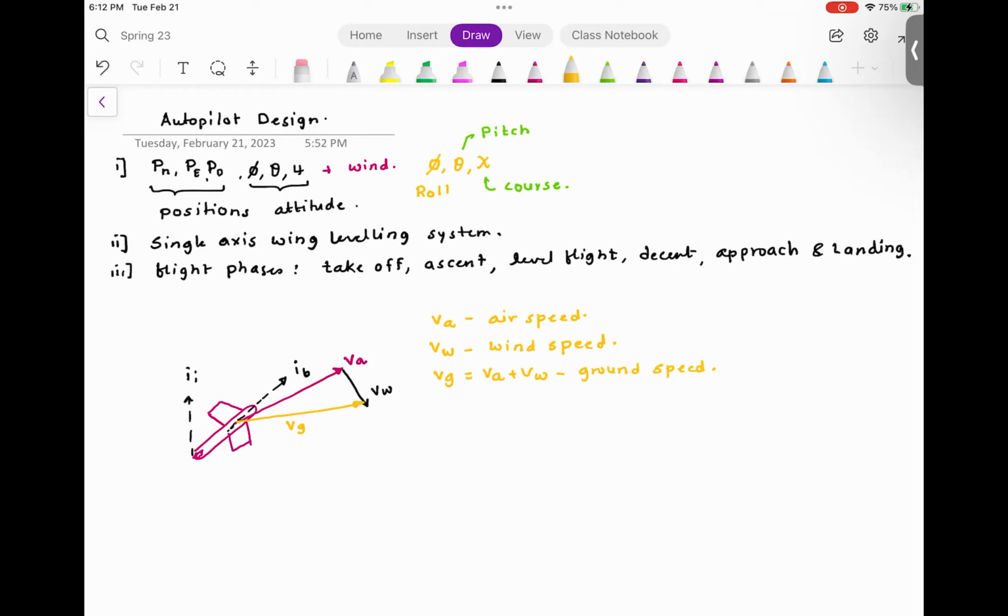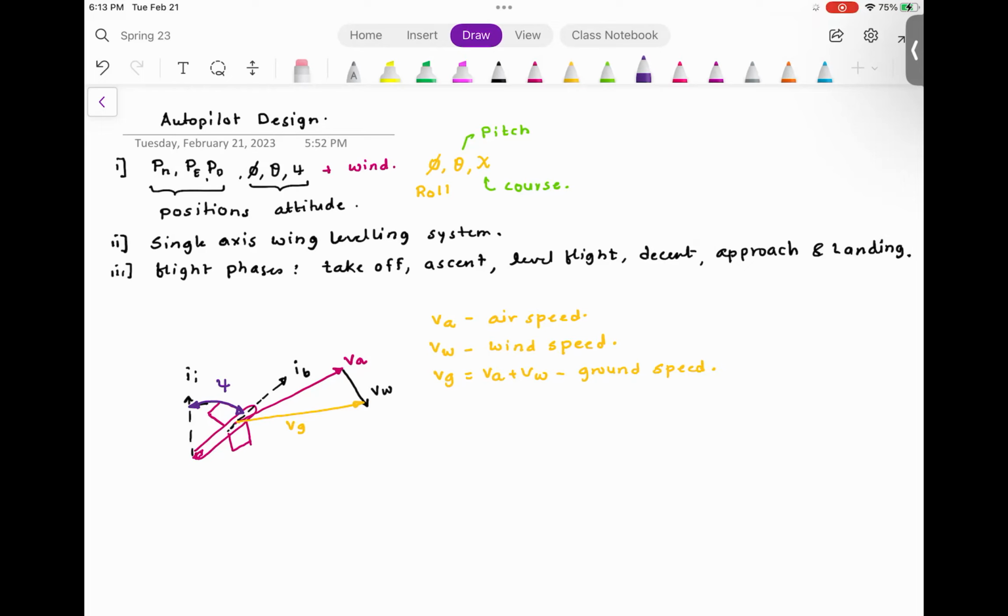Now, what I want to do here is specify a few angles, and these angles are very important for lateral dynamics. First and foremost, let's understand the heading. This is the heading. Heading means the angle made by the body I axis with the inertial I axis.